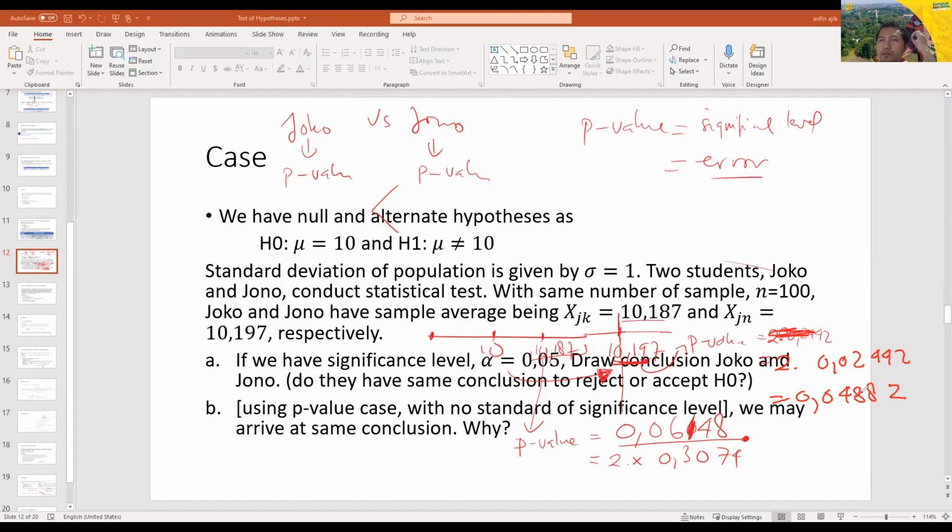So you can see here the p-value, this is Jono. Jono is correct. And this is the p-value of Joko. From this, the p-value of Joko is greater than Jono's. What does it mean?